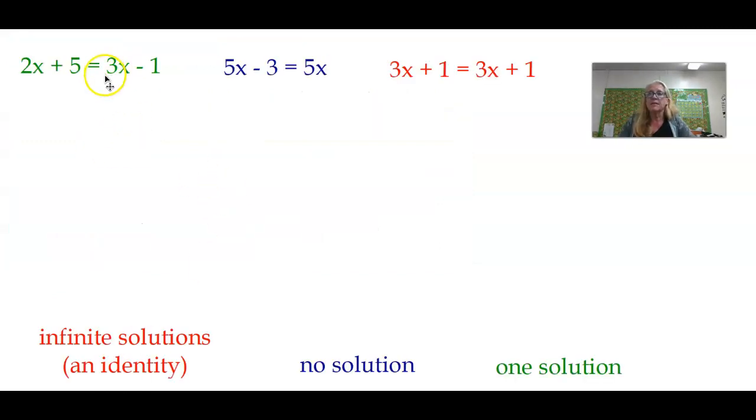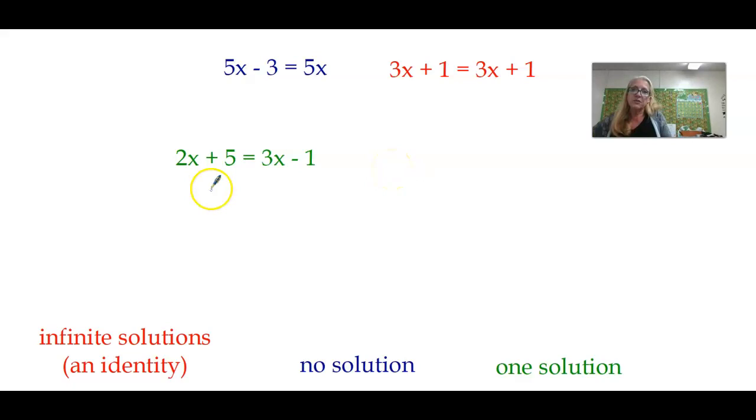This one right here is an example of what we're familiar with. You can solve this for x. There are two different amounts of x on the left and the right-hand side. It could be solved. I don't know that I really want to try solving it because I just made it up. But what you would do here is subtract 2x from both sides, and then you have 5 equals x minus 1.